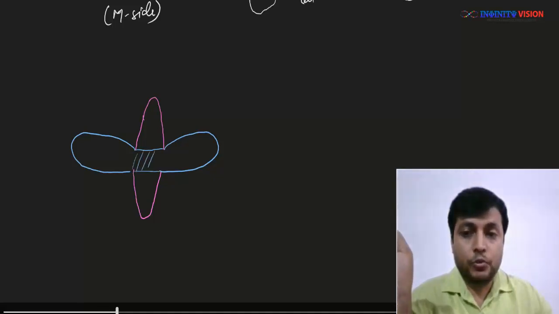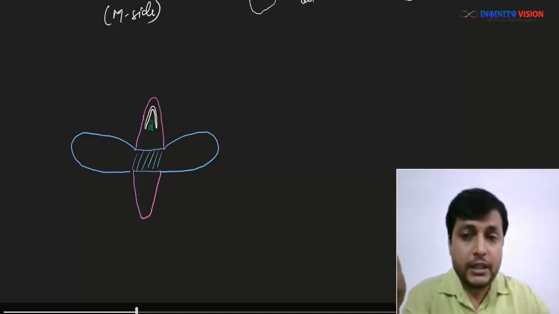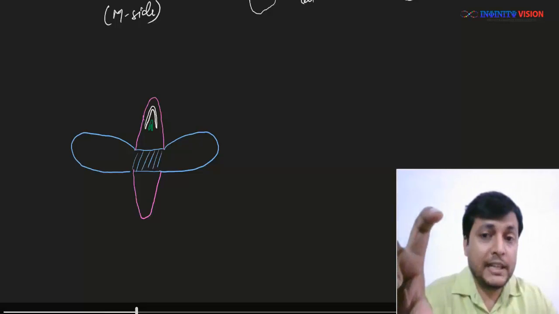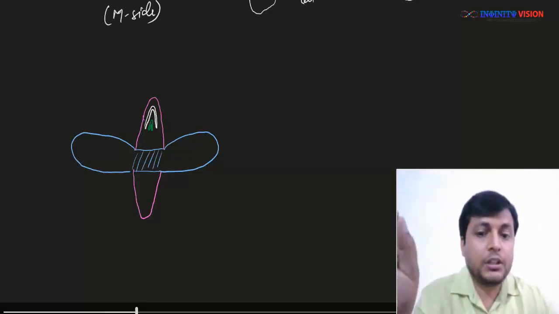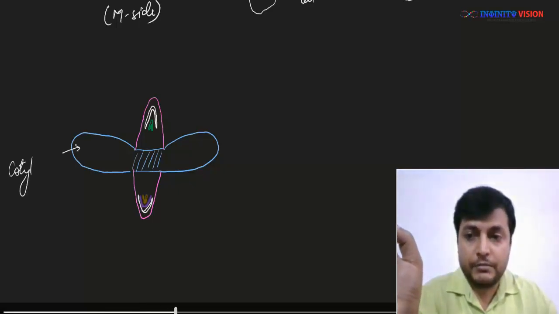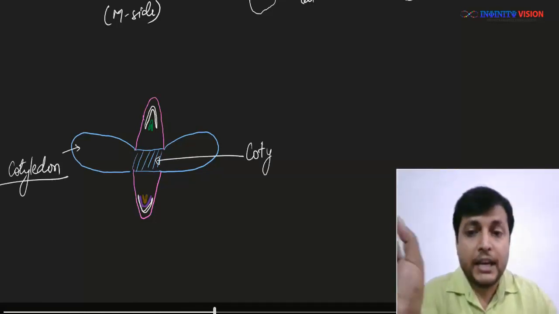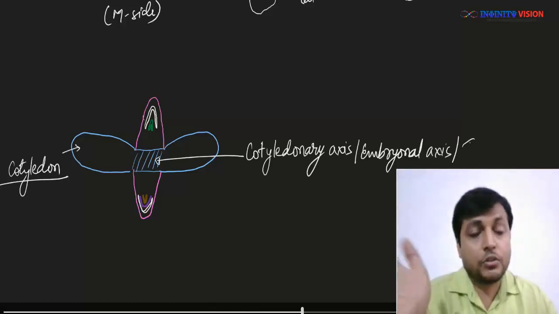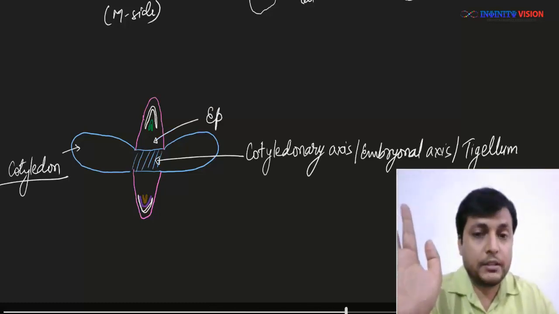There are these two cotyledons, and the place where the two cotyledons are attached is the middle part of this embryonal axis. This pink part is the embryonal axis, called cotyledonary axis, or tigellum. Let me draw it and then we will mark it. So these two are cotyledons, and this middle portion where these cotyledons are attached is called cotyledonary axis or embryonal axis or tigellum. These all are the same thing.